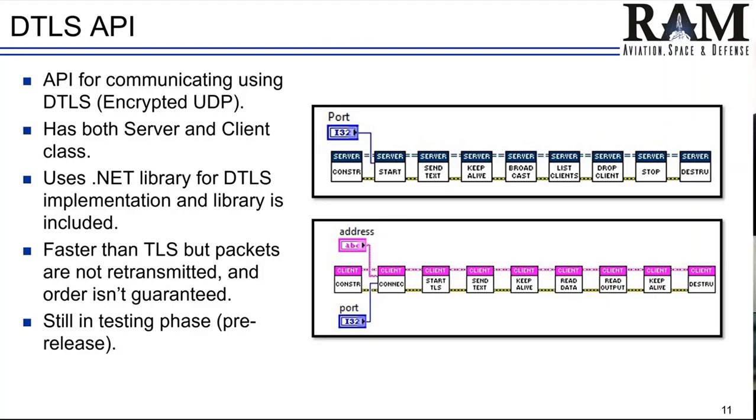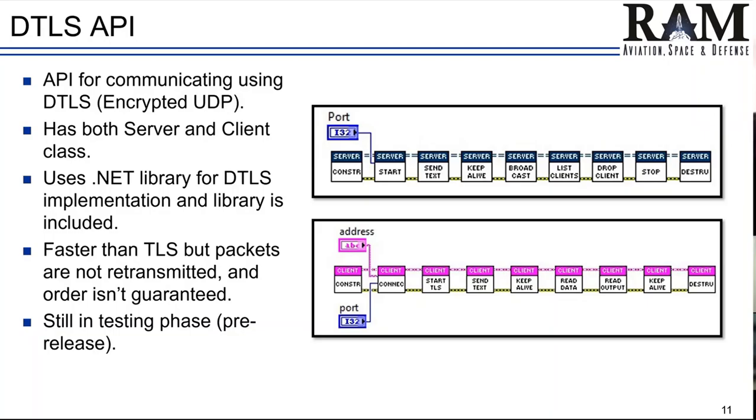You do still have some of the potential risks of using UDP, in that packets are never retransmitted, and you're not guaranteeing that they were received or received in the proper order. So there are still some caveats, but in a lot of cases that doesn't really matter.